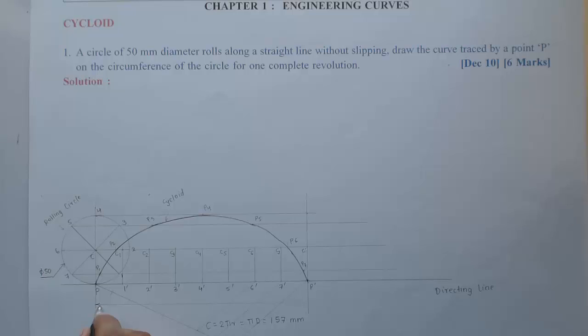So this length, which we have already calculated as 157, so I can write pi d is equal to 157 mm. Okay, and this is the directing line. So this completes the solution for this given problem.